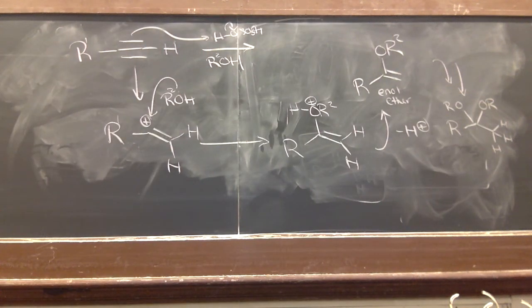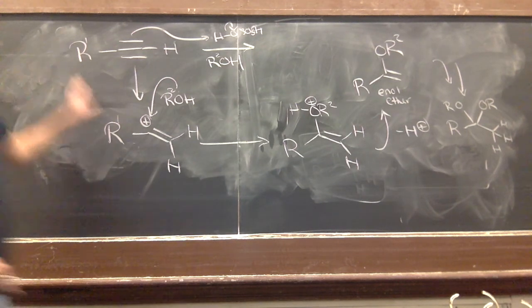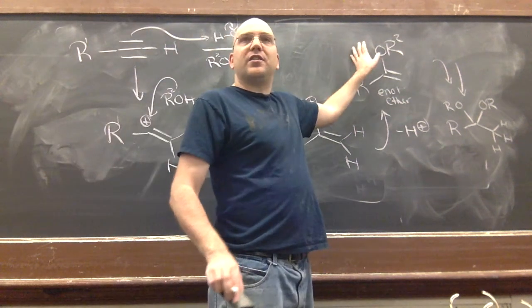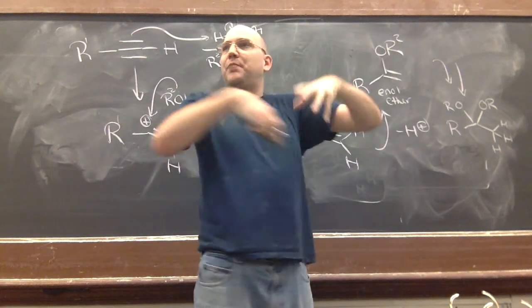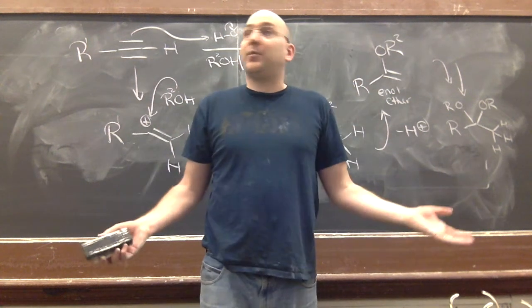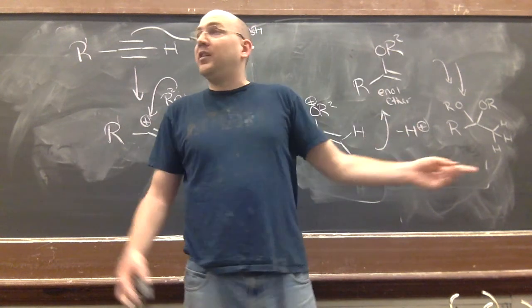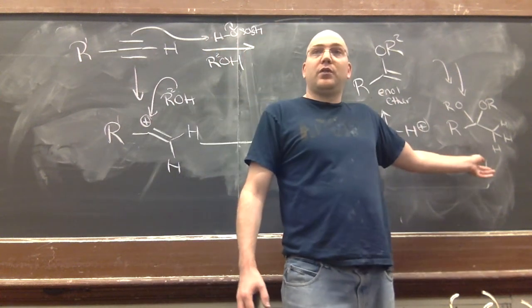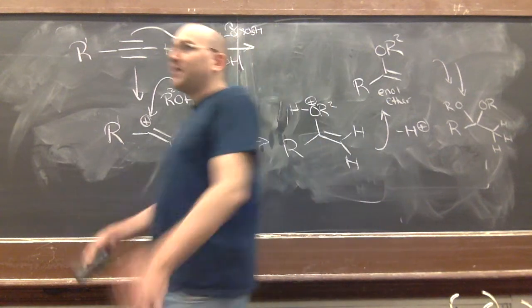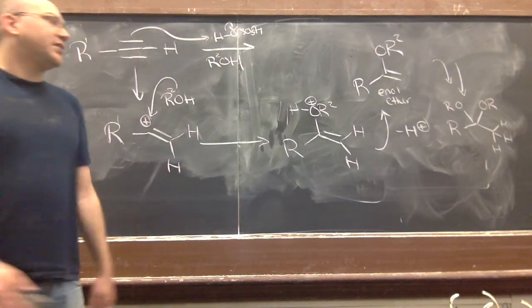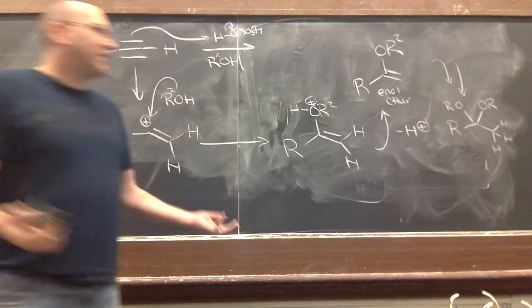You could potentially stop at the enol ether, if you only have one equivalent of alcohol in there, but if you have a second equivalent, you can go to a molecule called a hemiacetal, which will be discussed, perhaps by me, next semester.